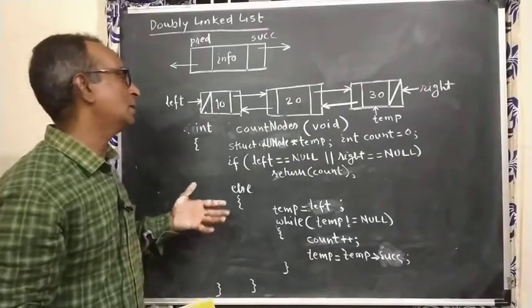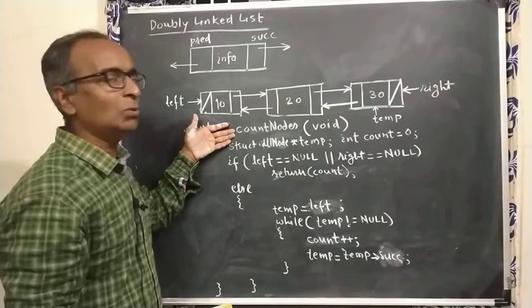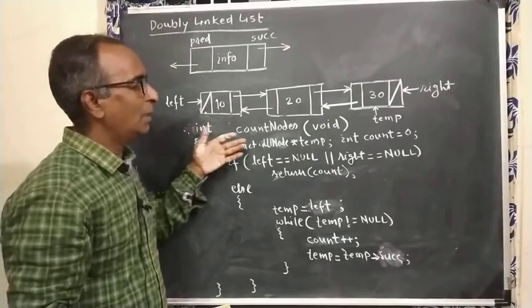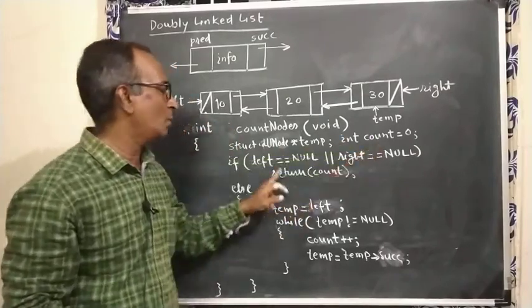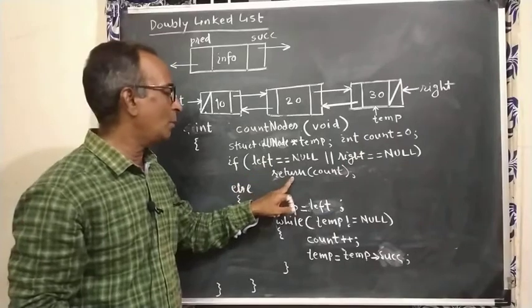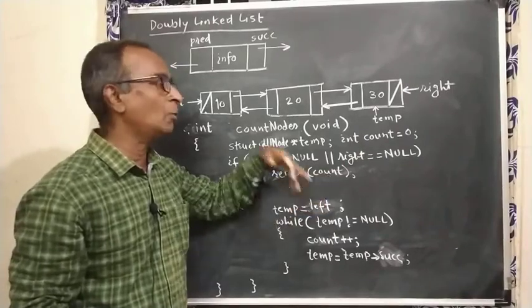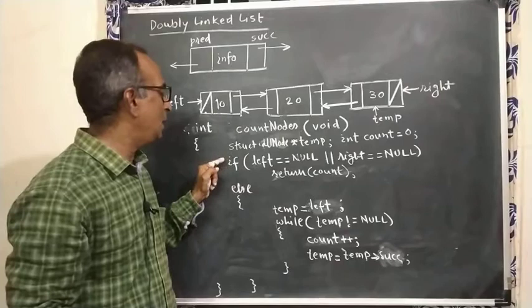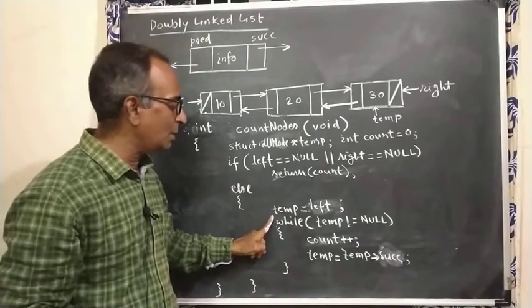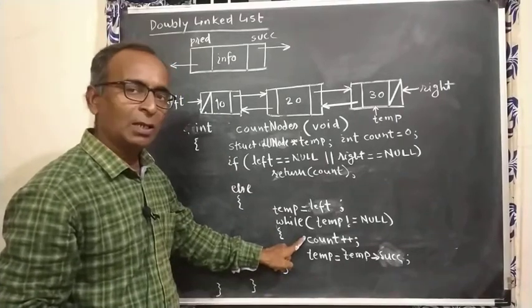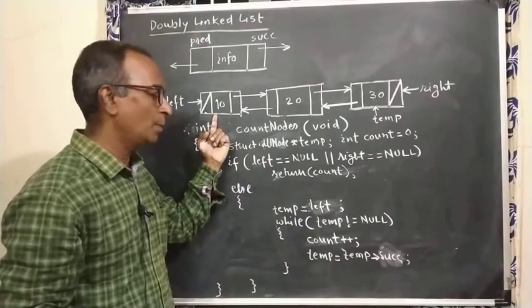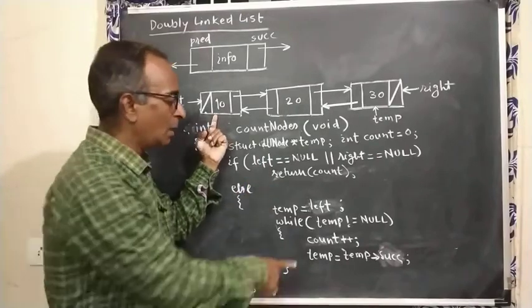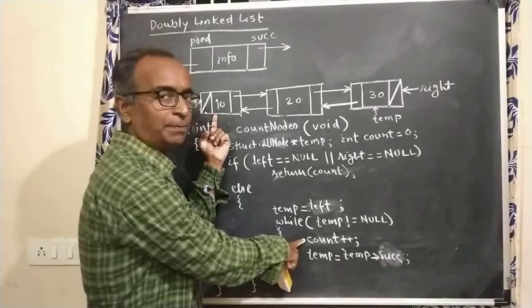So how will this run? Whenever this count nodes is called, count will be initialized to 0. If the linked list is empty, from here it will say return count, and 0 will be returned. If the linked list is not empty, it will traverse and count. Count will be incremented, first node, count plus plus, count will be 1.